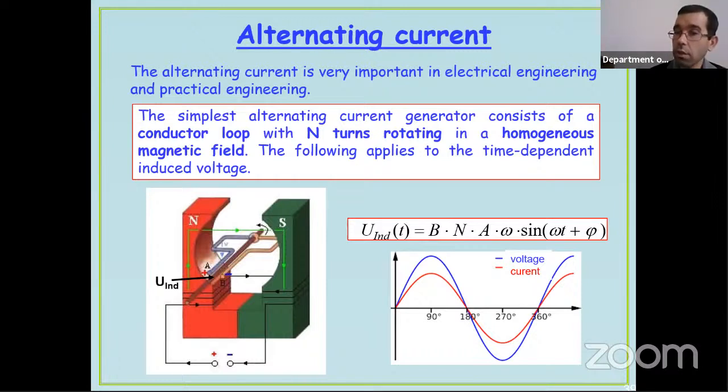This induced voltage is directly proportional to the magnetic field used in the generator. It is as large as the number of turns we have, so the number of turns acts as a multiple. The induced voltage is the larger, the larger the area of the loop and the quicker we turn it, so the angular frequency of the rotation also plays a role in this formula.